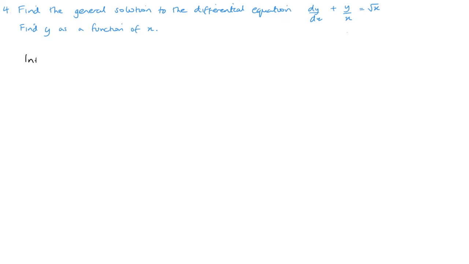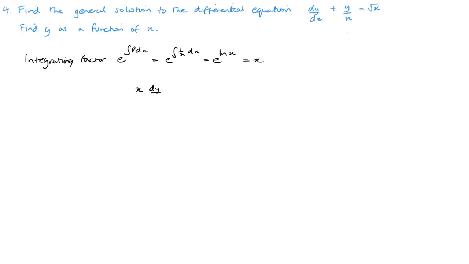So we'll start by finding the integrating factor as it's already in the correct form. So this is going to be e to the integral of p dx, which is e to the integral of 1 over x dx, which is e to the ln x, which is just x.